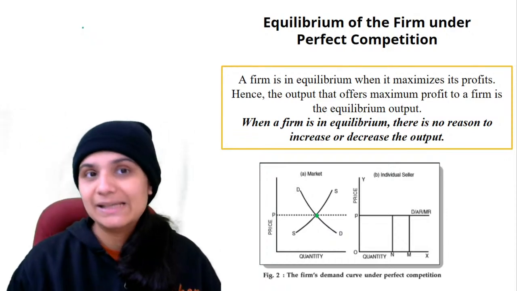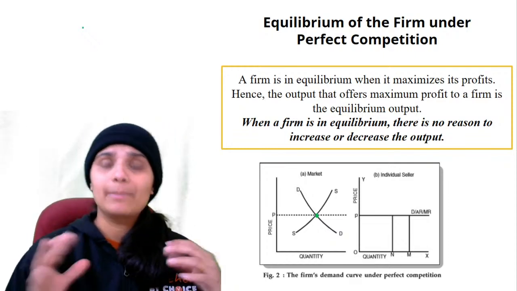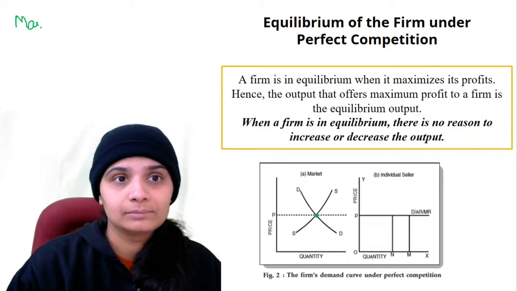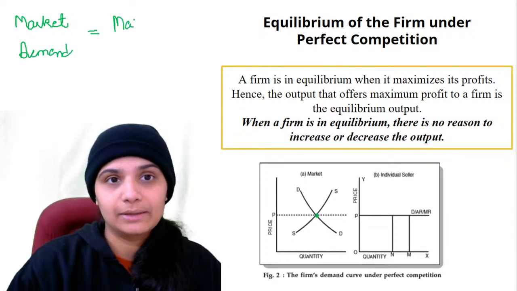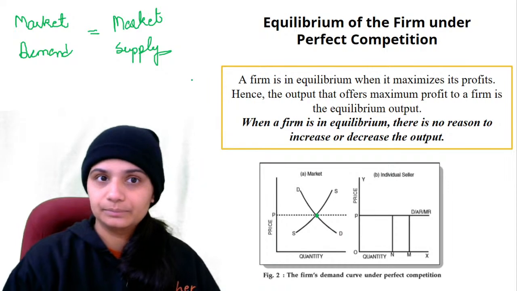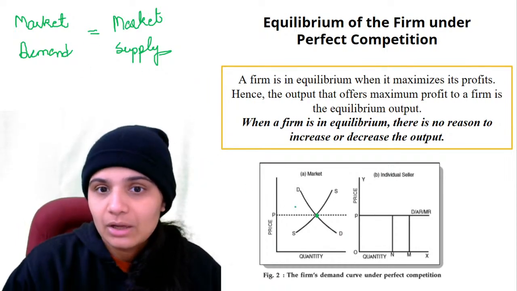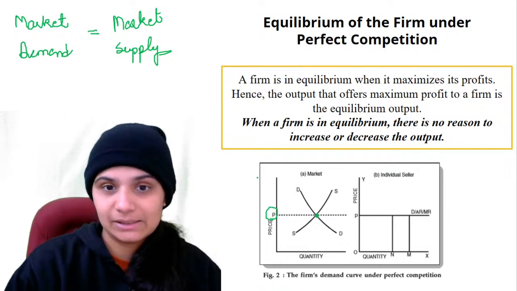Their demand is added up, and that becomes your market demand and market supply. Equilibrium price is where your market demand equals market supply. Wherever these meet, the price there becomes your equilibrium price.